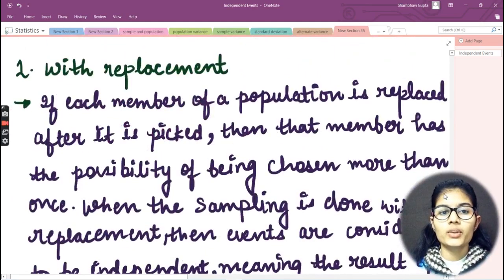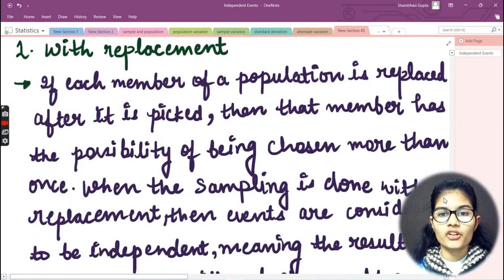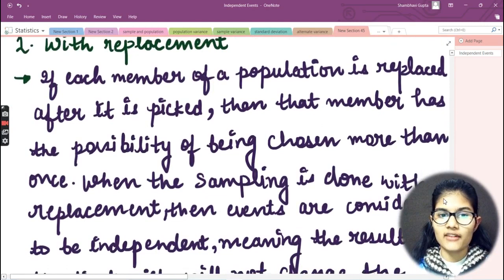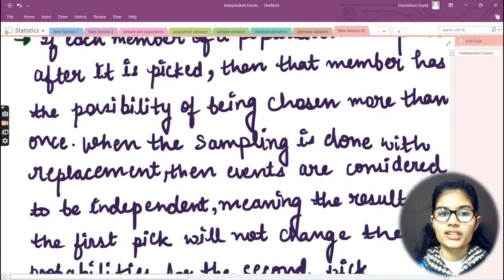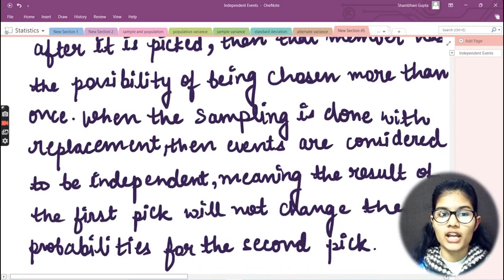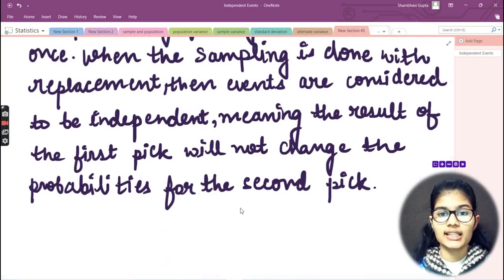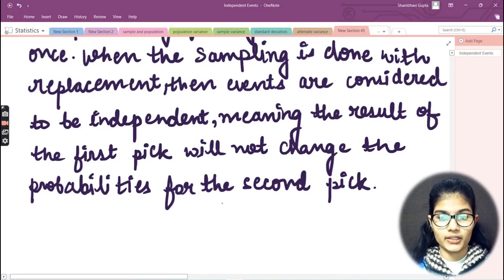So this is what happens in with replacement: if each member of a population is replaced after it is picked, then that member has the possibility of being chosen more than once. When the sampling is done with replacement, then events are considered to be independent, meaning the result of the first pick will not change the probabilities for the second pick.